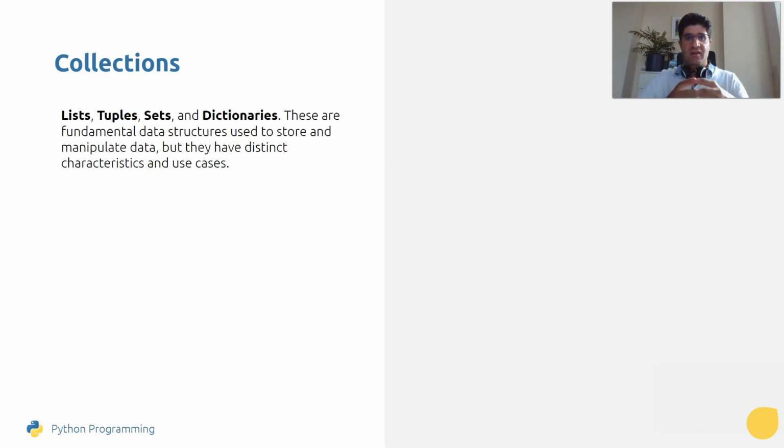Instead of that, we try to store all of the student names in one class inside a collection. The collections have different characteristics, and based on their features and functionality, we can use them in different situations.